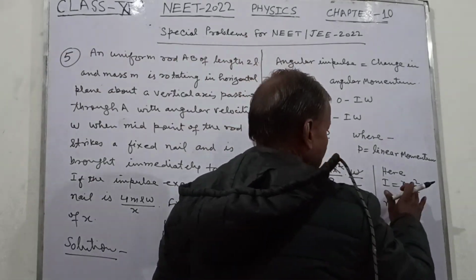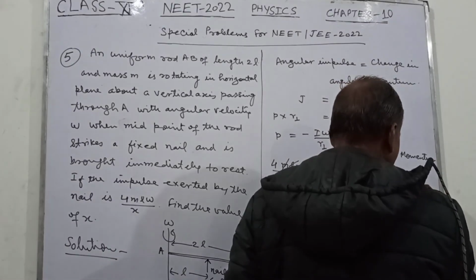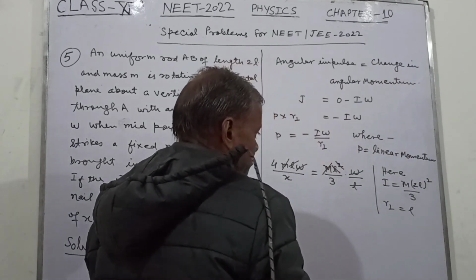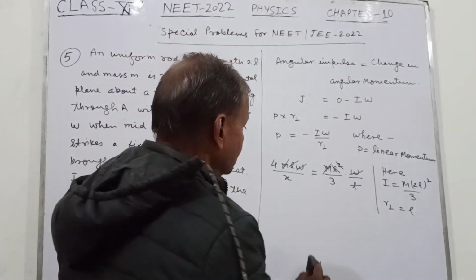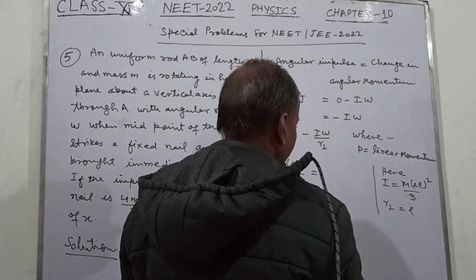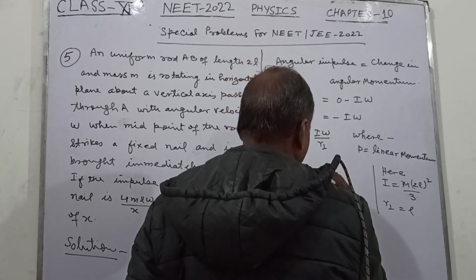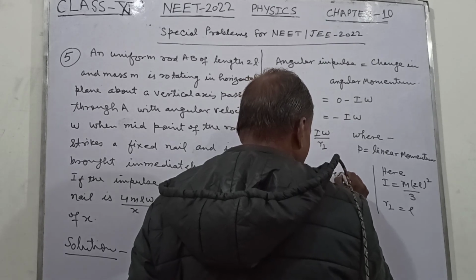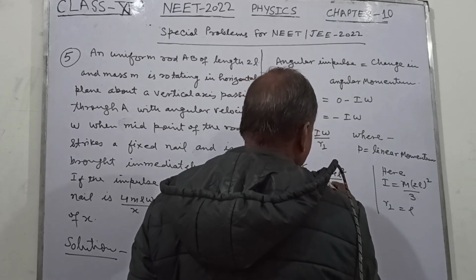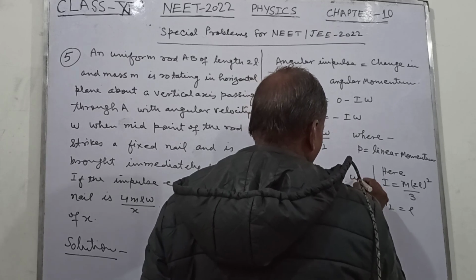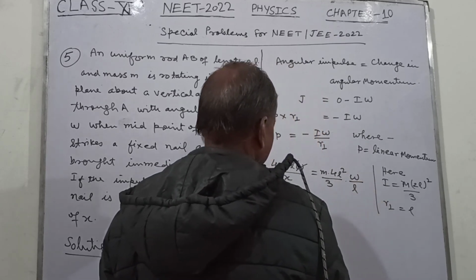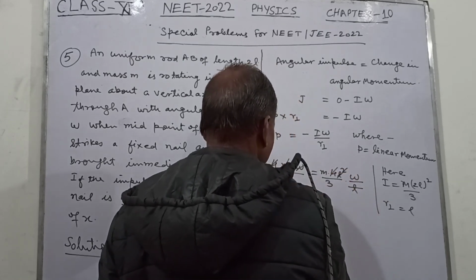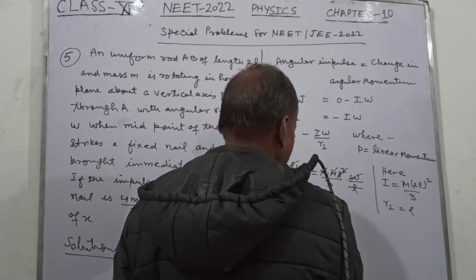M, and this is equal to 2L, 2x, so much. This is now your M. Now this 4L square upon 3 into omega upon L. 4 will cancel with this 4m, and this omega will cancel.